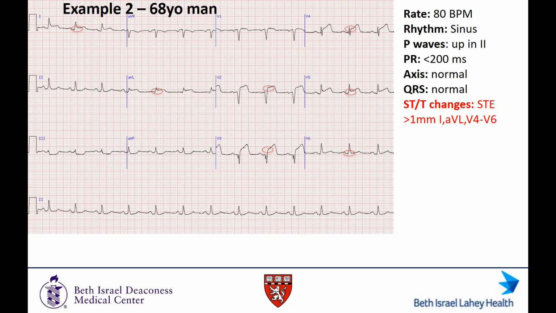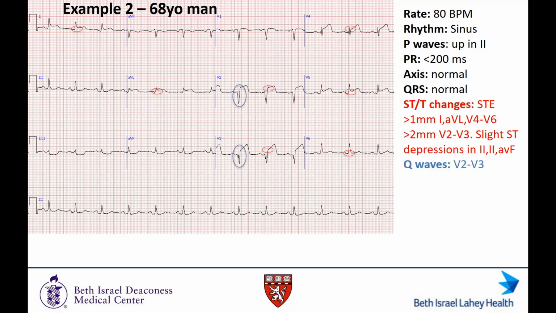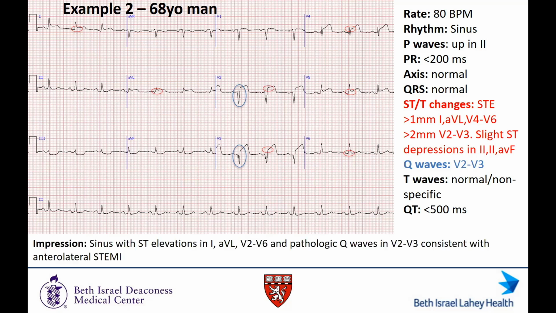V6 is a little bit tougher to appreciate, but you definitely see them in the other precordial leads. V2, V3 are more significant, greater elevations, greater than 2 millimeters. We have slight ST depressions in our inferior leads to AVF, a little bit harder to appreciate in 2. And then T waves are sort of non-specific.